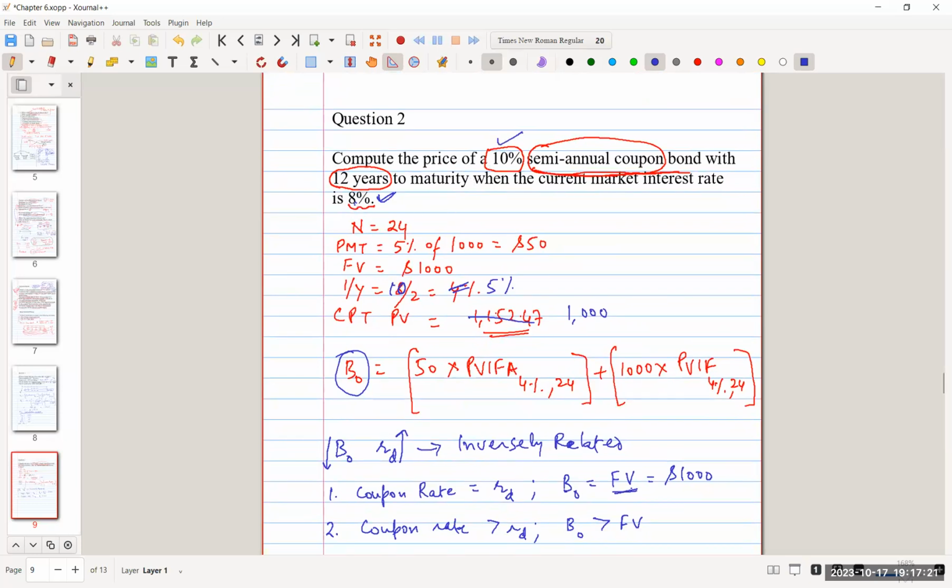Market rate here is 8%. Coupon rate of 10% is greater than the market rate of 8%. So therefore, the price of the bond must be greater than the face value. The price of the bond calculated was 1152.47, which is greater than the face value. Yes, everybody's with me on that.